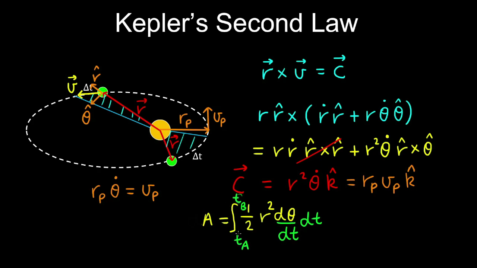And if you apply the fundamental theorem of calculus, while taking the time at B to be some time t, we get dA/dt is 1/2 r squared theta dot.